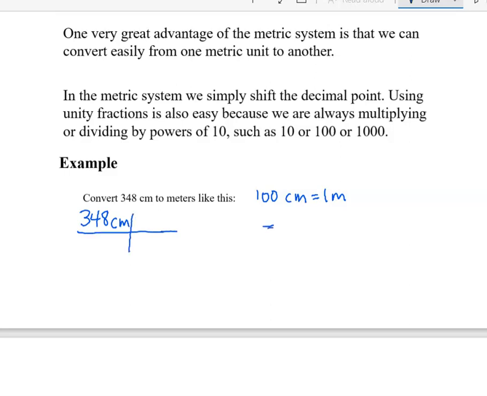I know that I want my answer to be in meters, so I want the centimeters to divide out. So we're going to put 100 on the bottom, and we're going to put 1 meter on the top. Our centimeters cancel out, 348 divided by 100, which is going to be 3.48 meters.